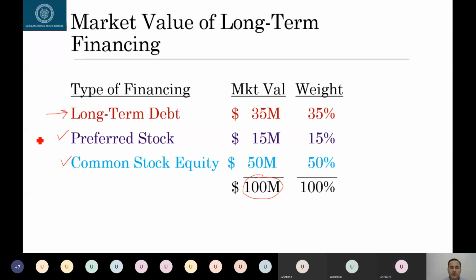If you remember from chapter number 4, which was valuation of long-term securities, we are using exactly the same concept. I would say 95% of the stuff that we'll be covering today is exactly the same that we covered in chapter number 4. For preferred stock, that cost is called KP. The cost of common stock equity was KE.